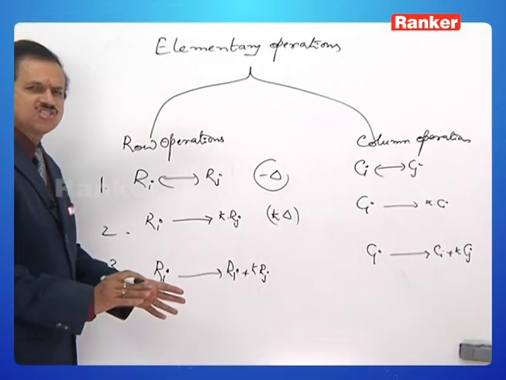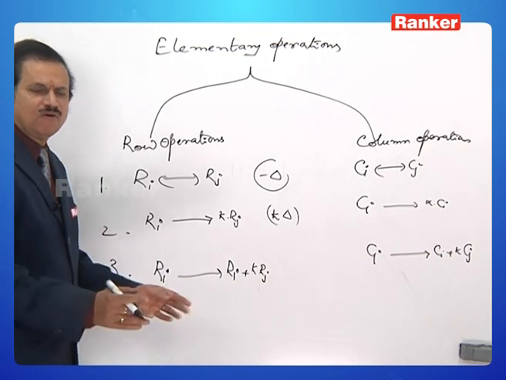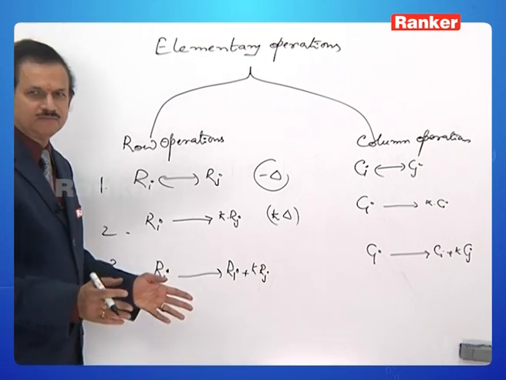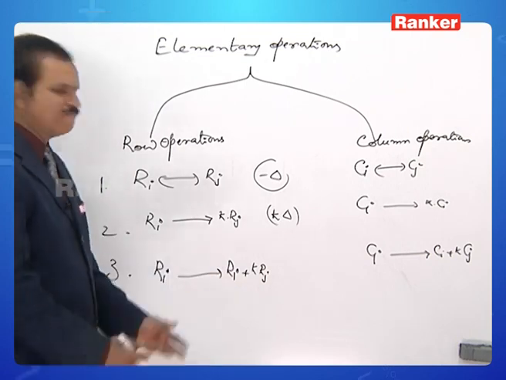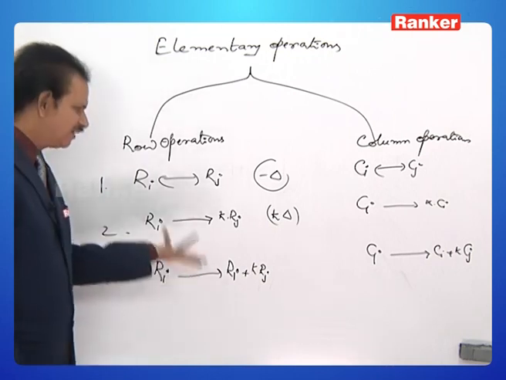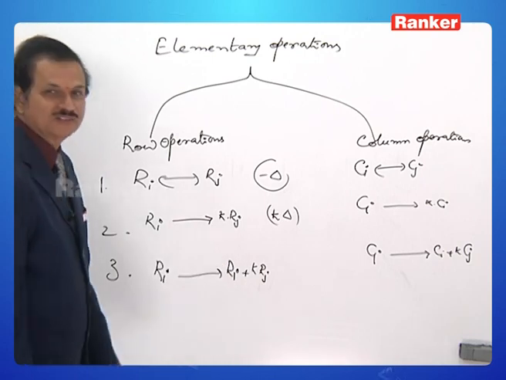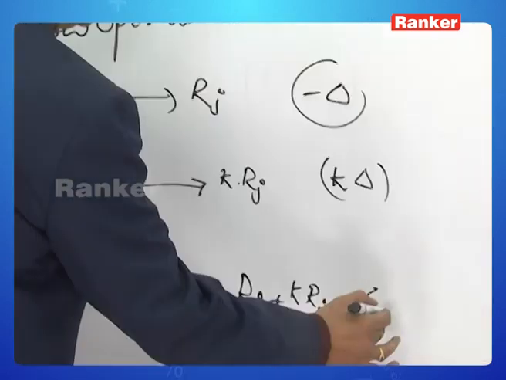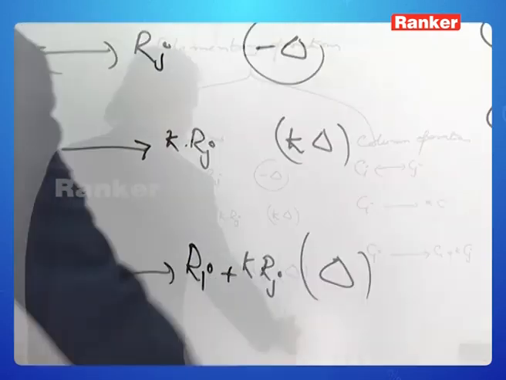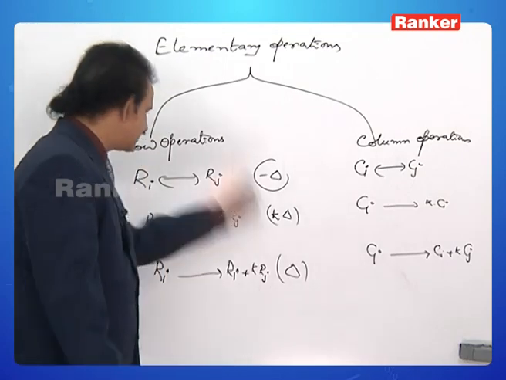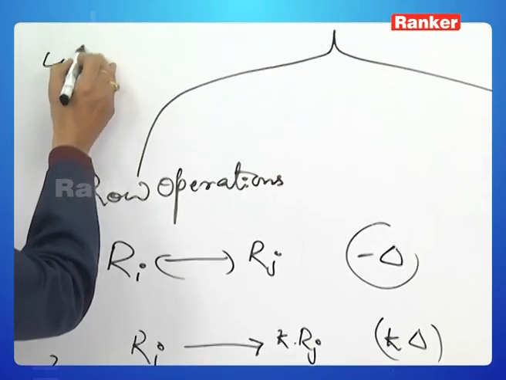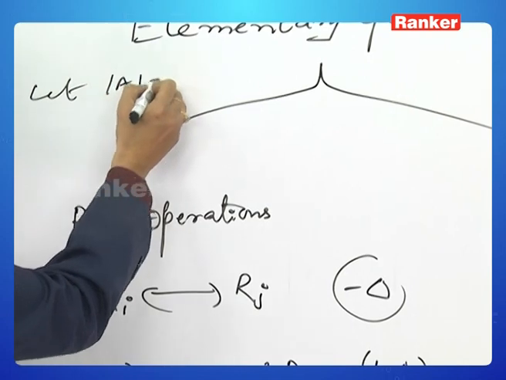The safest, the most convenient, the most useful, flexible, beautiful property is this. Even if you apply this, value of the determinant does not change. It remains as it is.